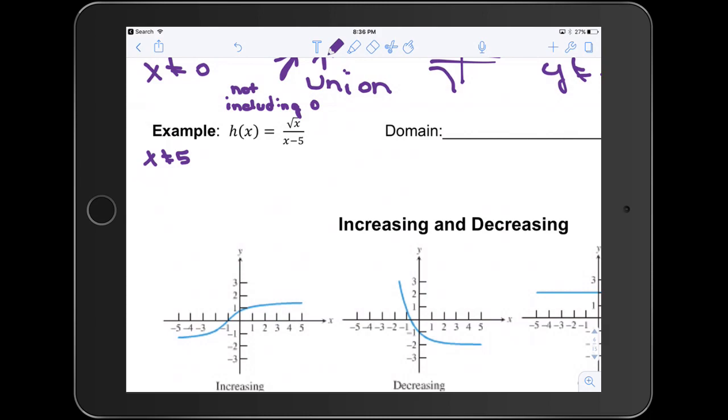The other is that x cannot be less than 0, because of this part right here under the square root, you're going to end up with a negative. So that's caused by the denominator, and x less than 0 is caused by the numerator of that square root. Okay, so that's what we have going.